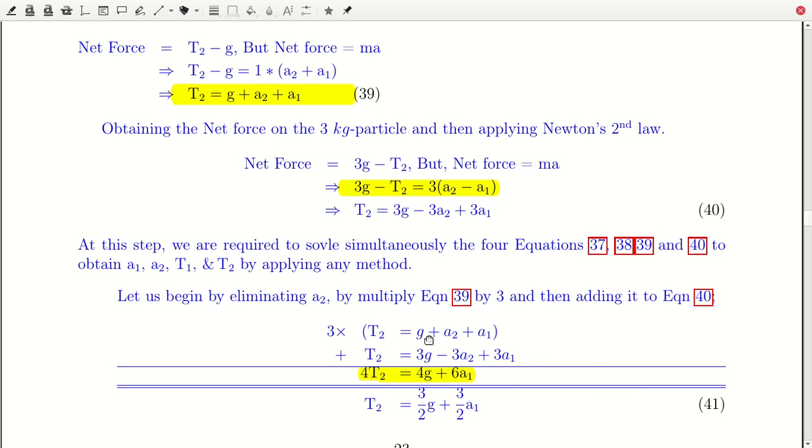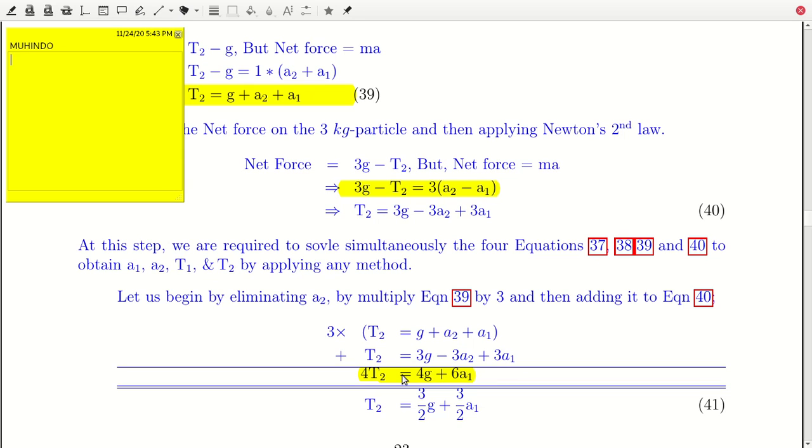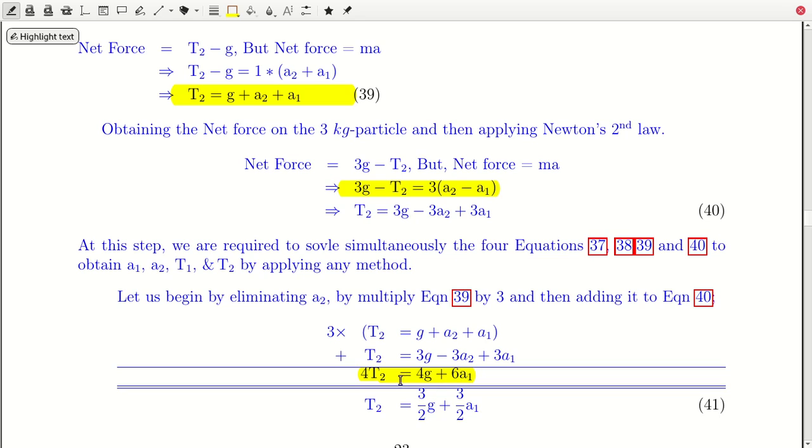So A2 is eliminated, and when you simplify, you have 4T2 equals 4G plus 6A1. This should be 6, not 4. You should take note of that, so when you are revising, you should know what to change and what not to change.